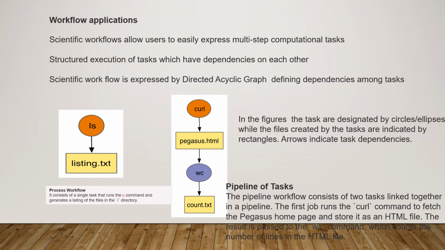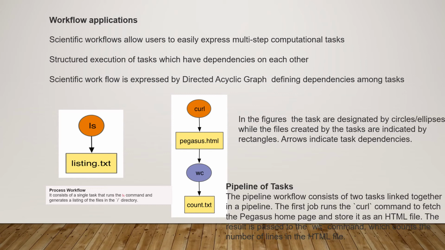The nodes on this DAG represent the tasks to be executed in a workflow application, while the connecting edges identify the dependencies among the tasks and the data paths that connect the tasks. Okay, so in this figure the tasks are designated by circles or ellipses, while the files created by the tasks are indicated by rectangles.